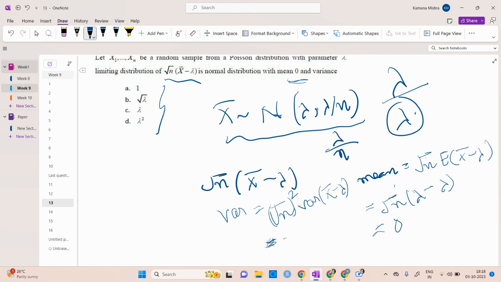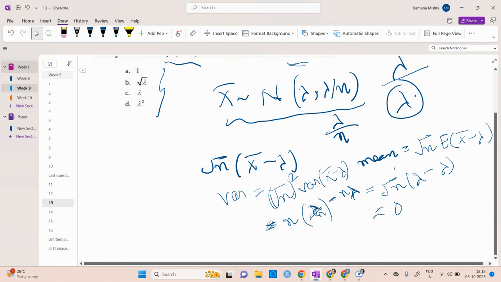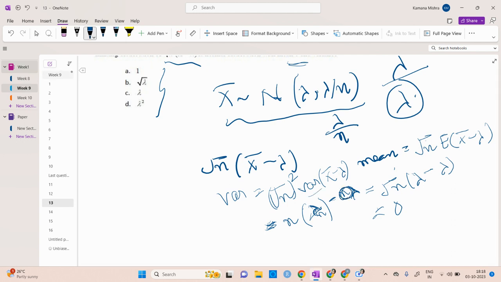The variance of x bar was lambda upon n, and minus the variance of lambda, which is 0, because the variance of a constant is 0.